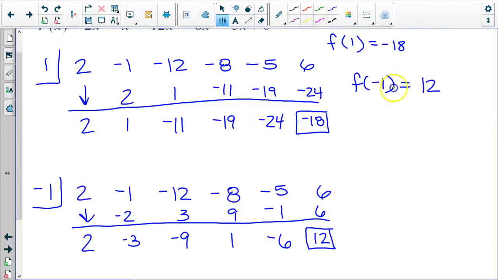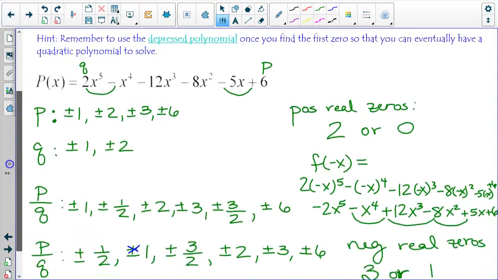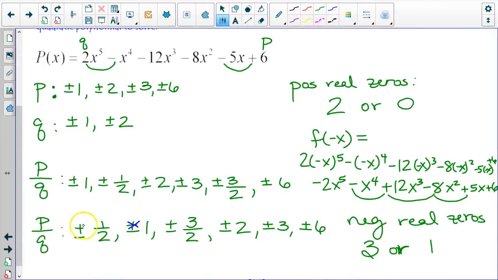So what does that mean my function did between 1 and negative 1? It crossed. Do I have any choices that are between 1 and negative 1? Well, negative 1/2 or positive 1/2. So should I maybe try negative 1/2 or positive 1/2 instead of going to 3/2 or 2? Most definitely.